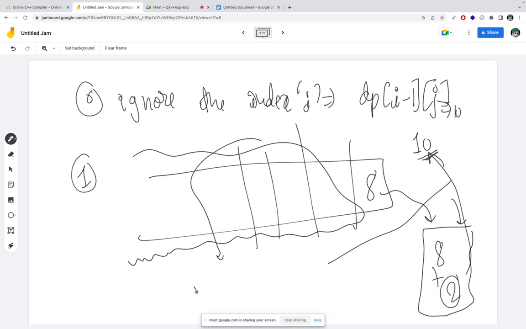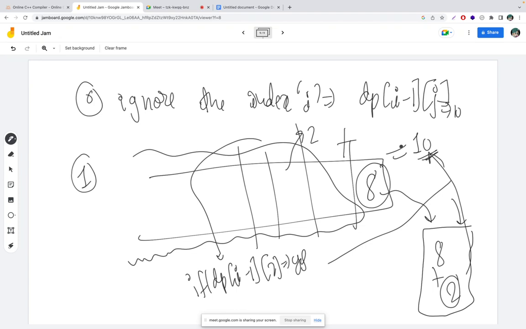If dp of I minus 1 of 2 is possible, then dp of I of 10 is also possible, because you will take 2 from here, you will take 8 from here, and 2 plus 8 will become 10. So we got the two conditions.